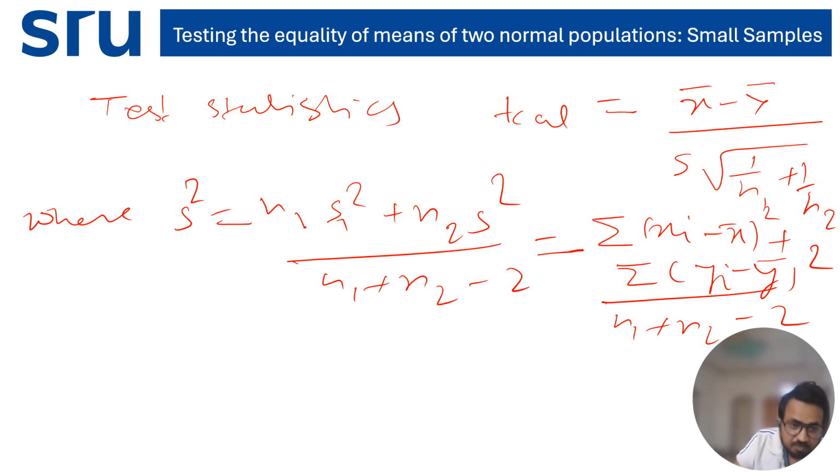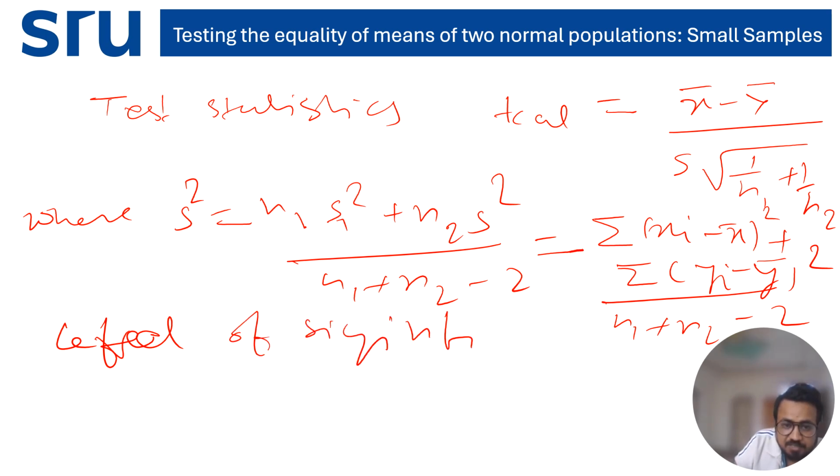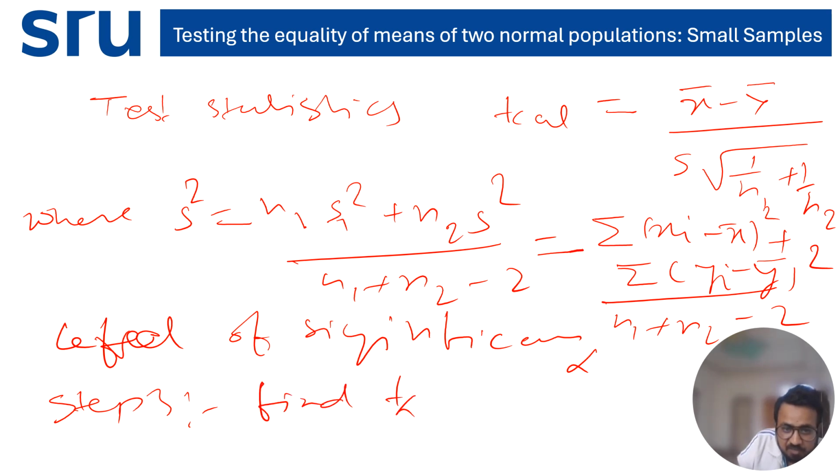Then we will identify the level of significance alpha. Then in the third step we will find t alpha from the t distribution table.